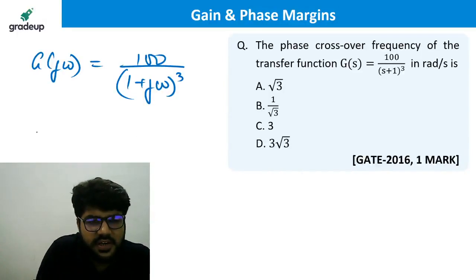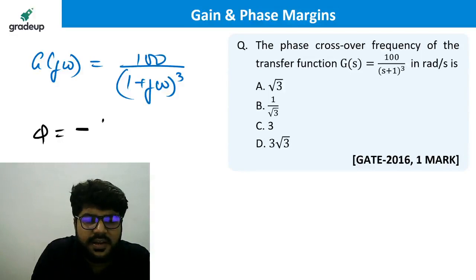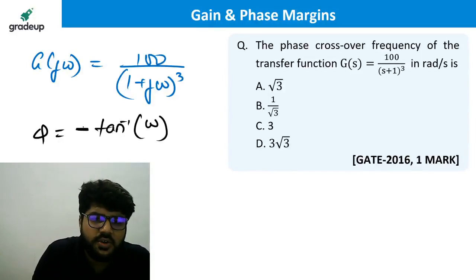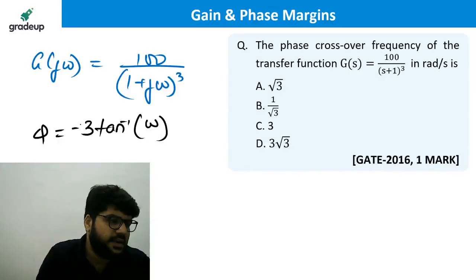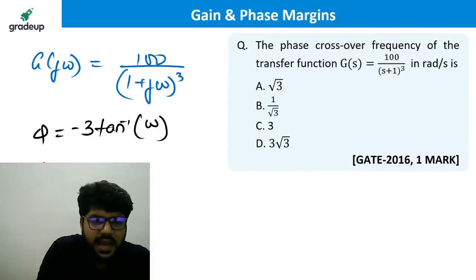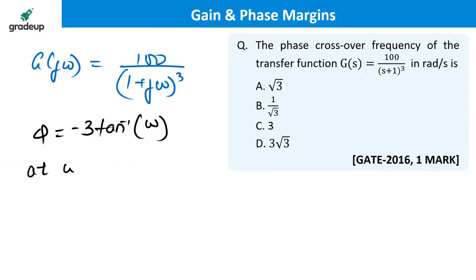So what is the phase function? The phase function is, numerator is positive real number, so directly 0. Denominator के लिए minus tan inverse omega by 1, but it is cube, so it becomes minus 3 tan inverse omega. Okay, and at omega equal to omega p, the phase has to be equated to minus 180 degree.